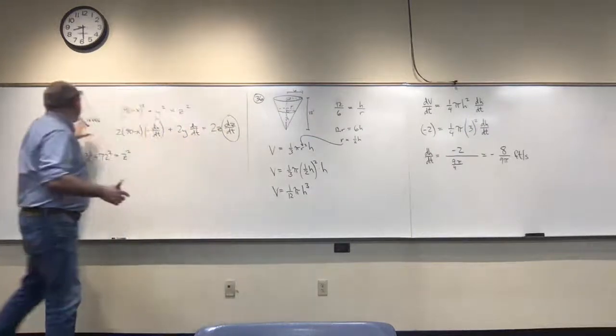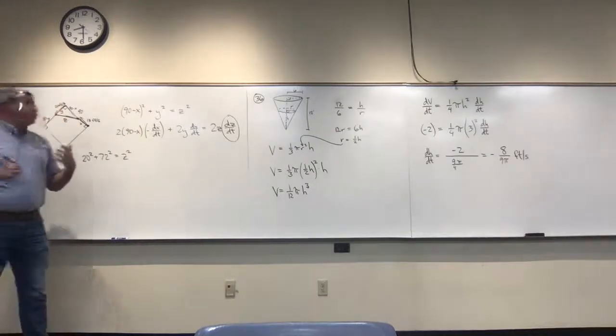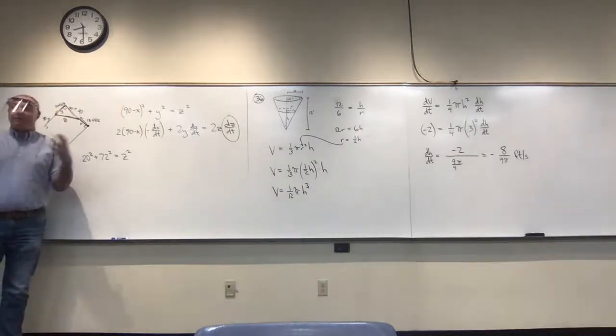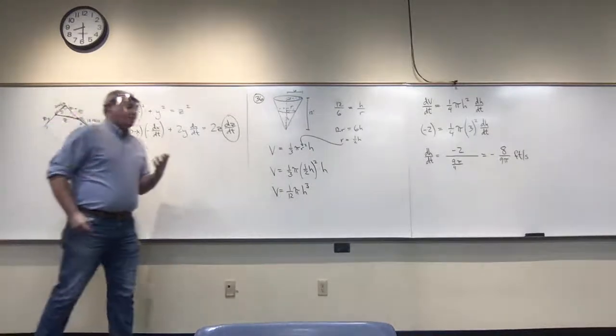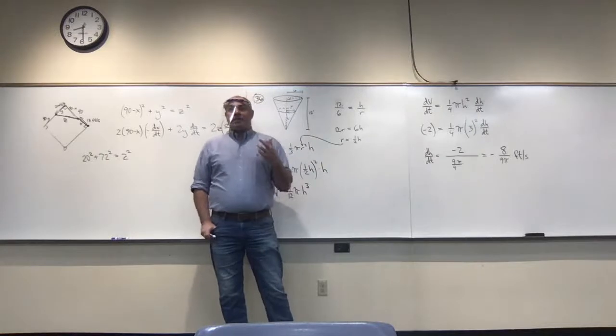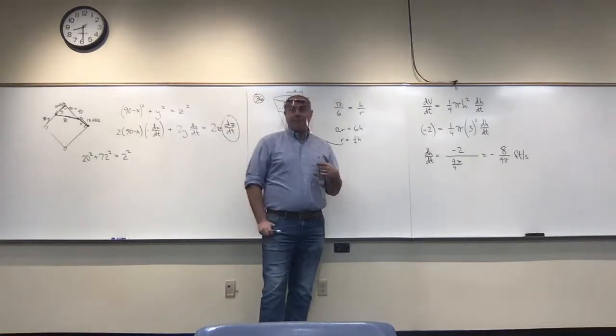Something over here, you maybe have to look at it a little while and say, oh, actually, we're dealing with a right triangle. And so that right triangle will get X's and Y's and Z's all involved in the same formula. So that's what you're trying to do first, is figure out what's the formula that gets all of the necessary variables involved at the same time.